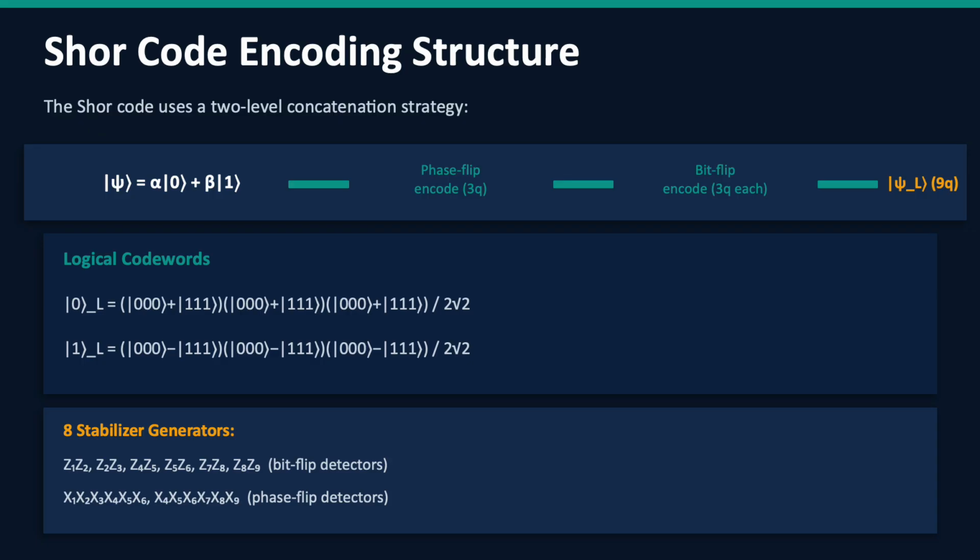If all 8 checks report the expected result, no error has occurred. If any of them reports an unexpected result, the pattern of unexpected answers uniquely identifies which qubit was affected and what type of error occurred, permitting a precise correction to be applied.